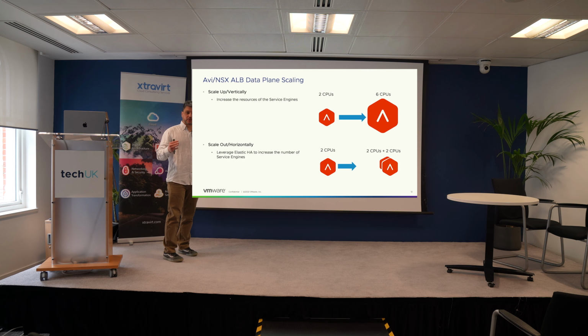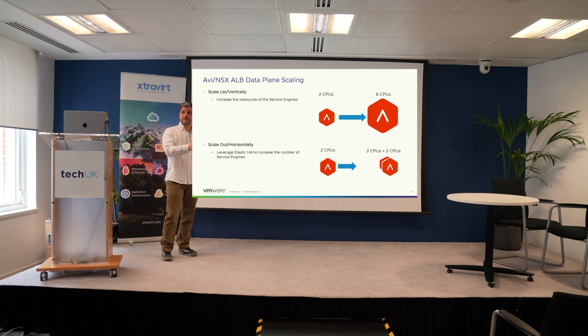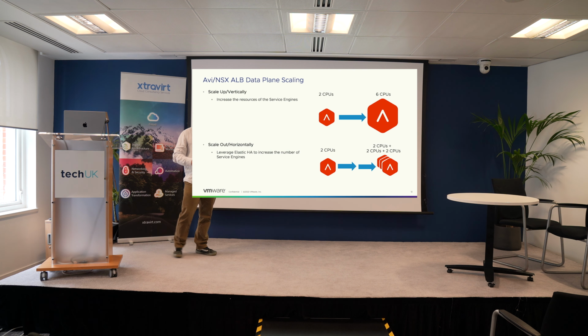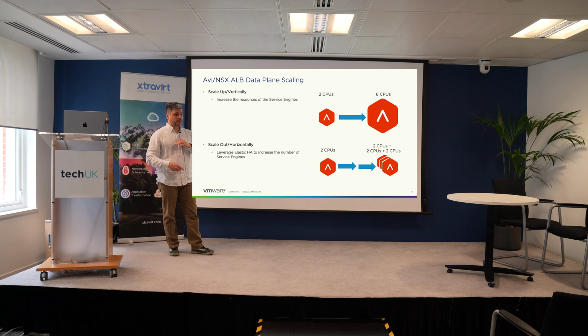Which means also, for example, if you have one of the cores that is being pegged because of a feature that is related to the load balancer, for example, the WAF, creating a bottleneck there, by creating multiple service engines you are shifting and basically spreading that pain through the entire service engine group instead of the single service engine. The number of service engines that you can have in a service engine group will be limited to the maximum number that you configure in the service engine group.